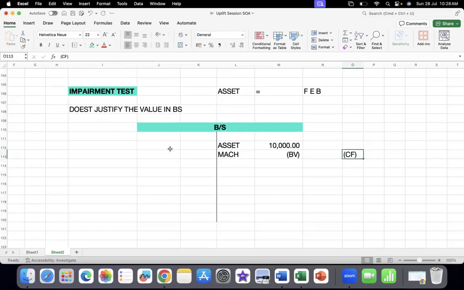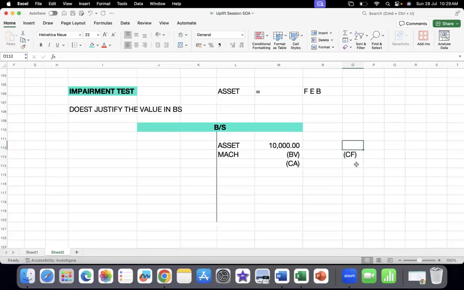If my asset's value, that is 10,000, which is called book value or carrying amount, either way you can call it, both are the same, is not justifiable, then what is justifiable? Justifiable value will come from my cash flow. What is the cash flow from this asset I am going to generate?